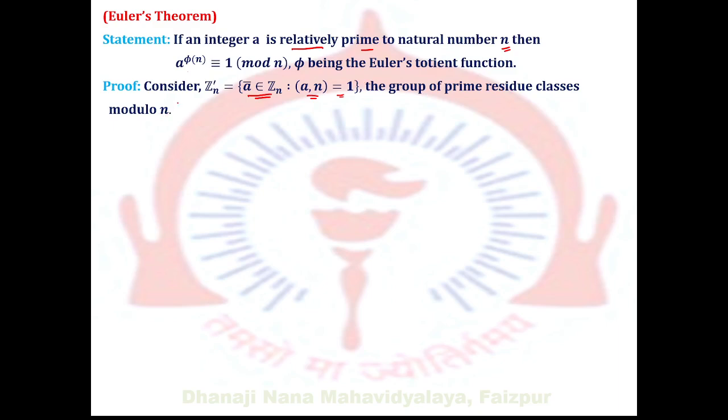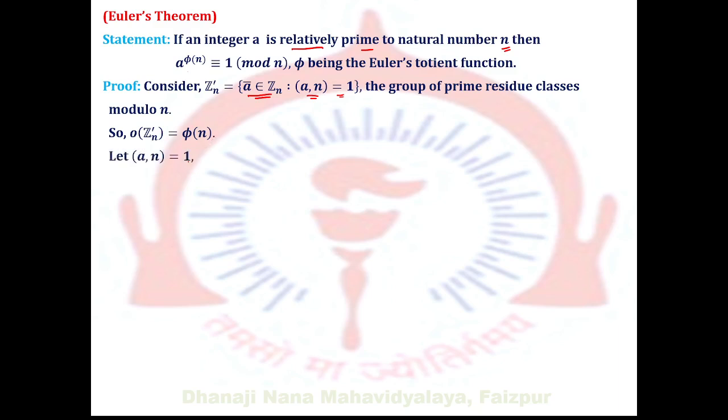It contains elements 1 bar, 3 bar, 5 bar, and 7 bar, because 1, 3, 5, 7 have GCD 1 with 8. So Zn dash contains those elements whose GCD with n is equal to 1. So the number of elements in Zn dash is the same as phi n. So thus here the order of Zn dash is equal to phi n.